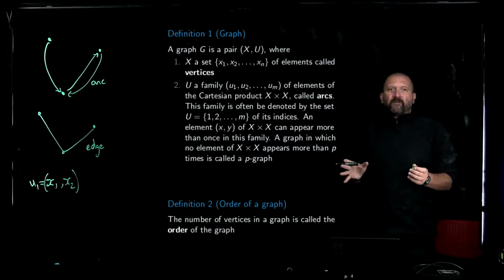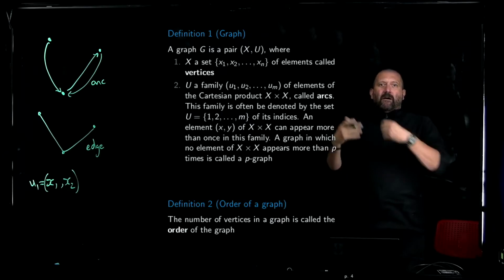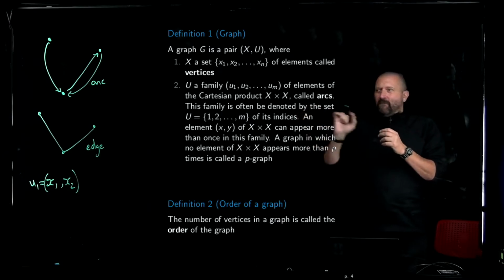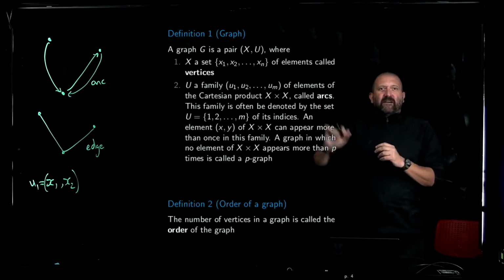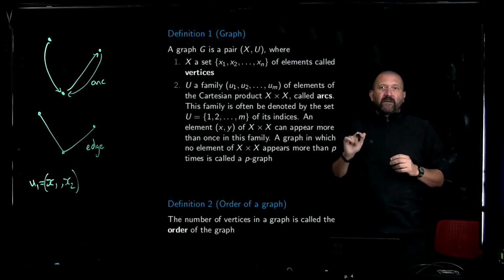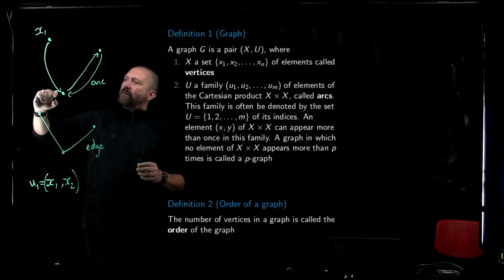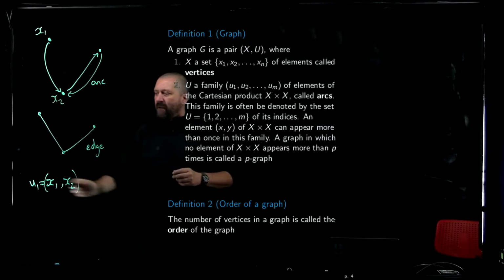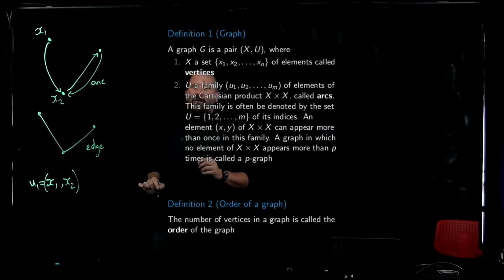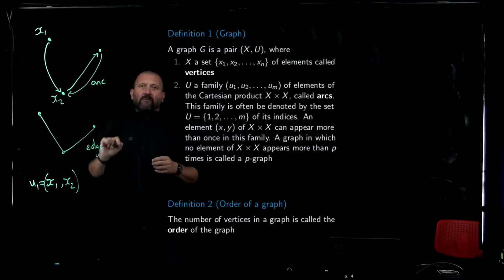The elements of the Cartesian product means that those elements, one is in X and the other is in X. And what they represent are the arcs. So for instance, if I had called this x1 and this x2, this u1 here would be the arc from x1 to x2.